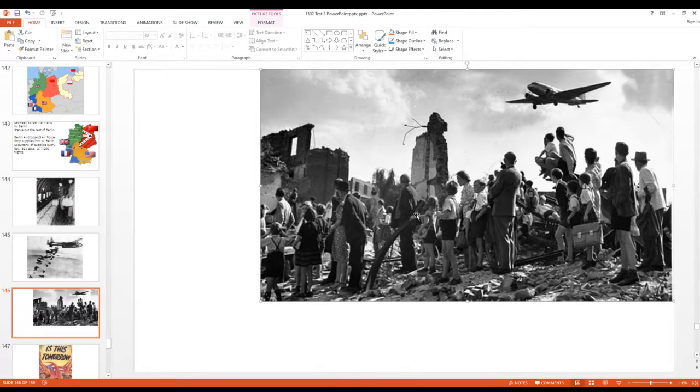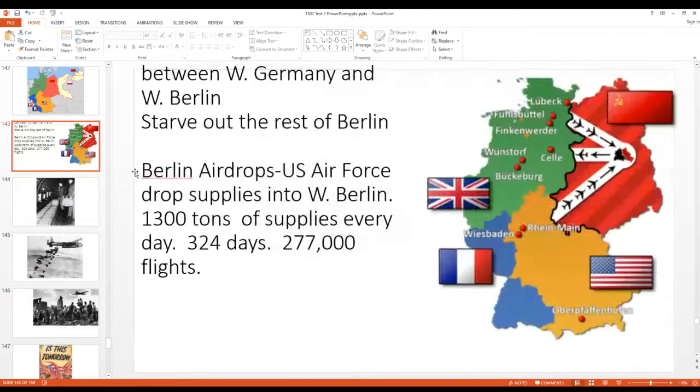The German people were very suspicious and very resentful, but with the United States now coming in and feeding the entire population, 2 million Germans every day, plus we're bringing medicine, clothing, coal, things like that, it won us a lot of bonus points from the German people. Now that's the first thing Truman does, is put in these airdrops.